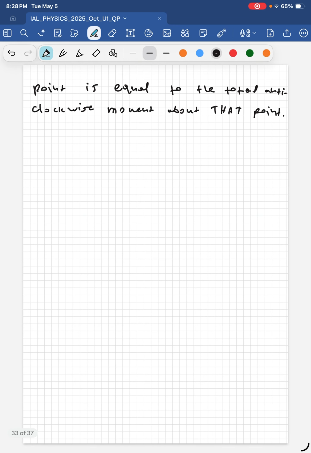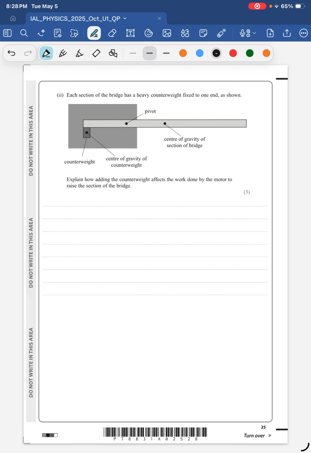Okay. Part 2. Each section of the bridge has a heavy counterweight fixed to one end as shown. Explain how adding the counterweight affects the work done by the motor to raise the section of the bridge.